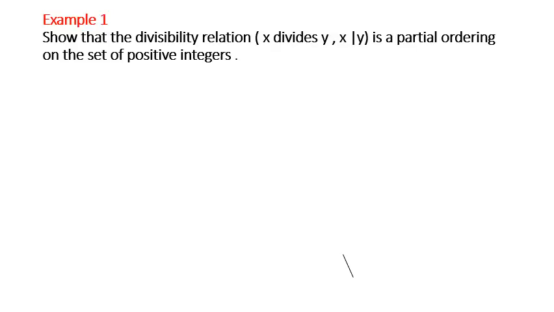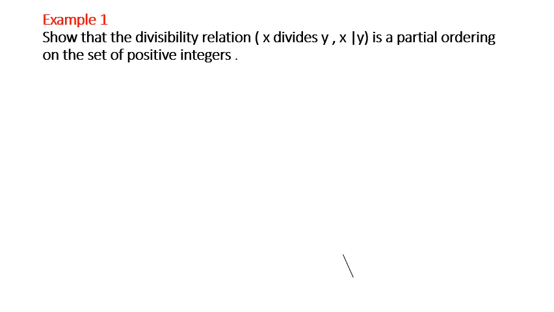Now let us see some examples. Example 1. Show that the divisibility relation x divides y is a partial ordering on the set of positive integers. Okay, so we need to show that divisibility relation, that is x divides y. X is the divisor, y is the dividend.